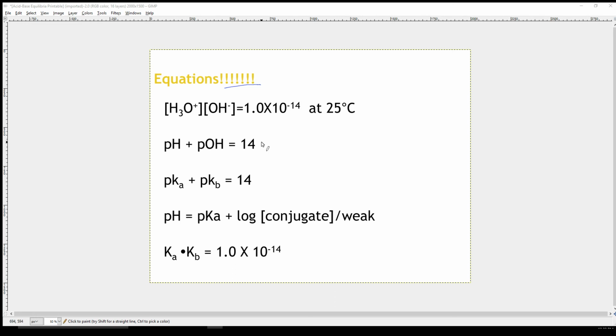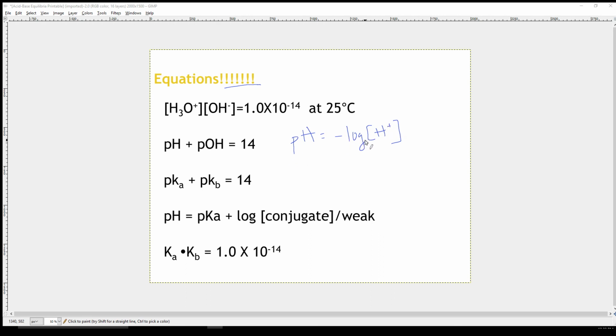Something that you might have learned in the past is what pH actually means. pH is equal to the negative log of the concentration of hydrogen ions. And we know that you can solve for something inside of a log by taking whatever the log's base is. So in this case it's 10.